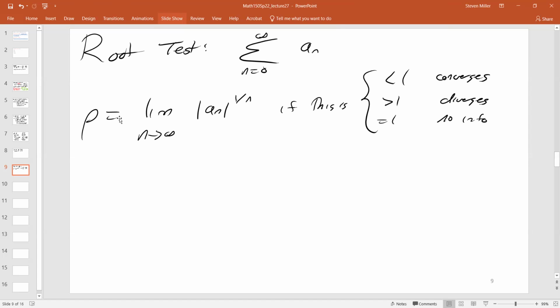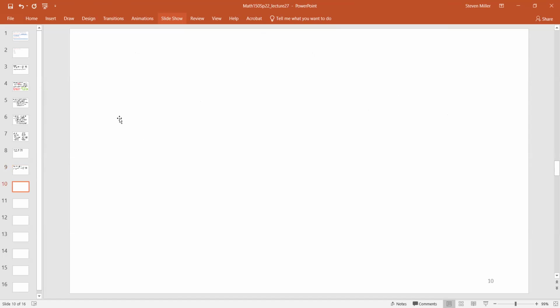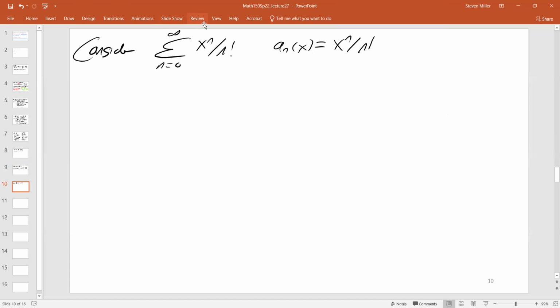Let's try to use the root test in practice. So let's consider the sum, n goes from 0 to infinity, of x to the n over n factorial. So what should a_n of x be? x to the n over n factorial. Yeah, same as before. And let's see if the root test can do anything here.